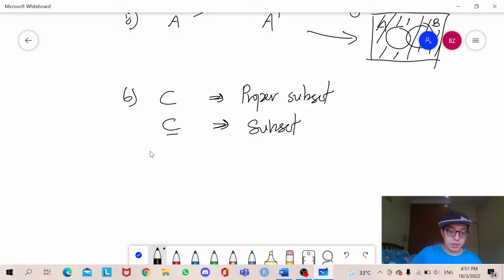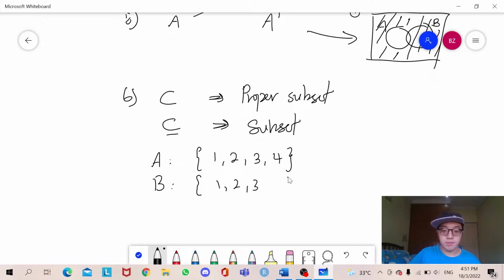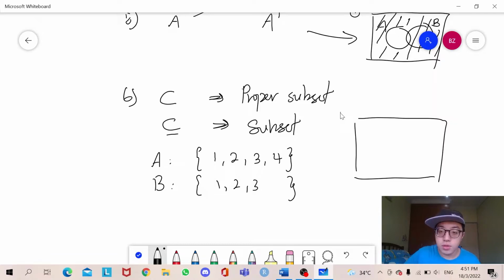Let's say A has the numbers 1, 2, 3, 4, and B has the numbers 1, 2, 3. From here you can see that everything B has, A has, but A has 4 and B does not have 4. So if we are to draw this in a set diagram, oh my god, I'm sorry.